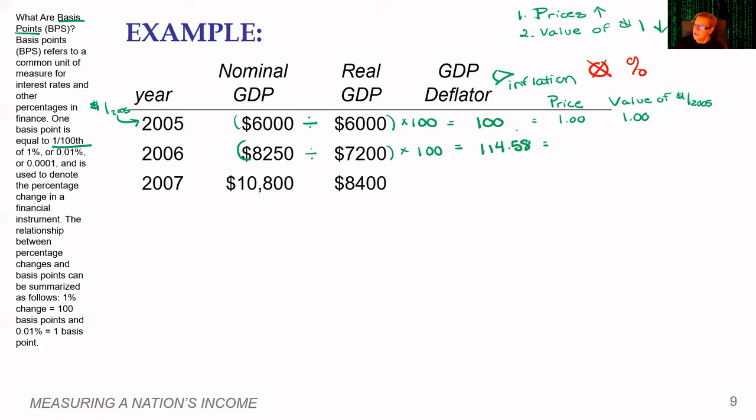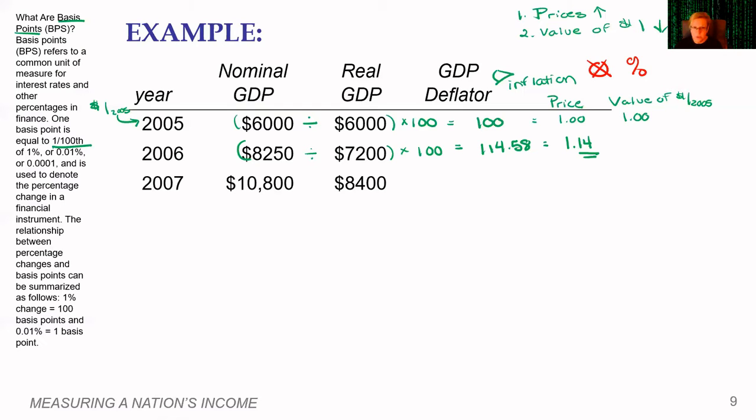Okay, so in 2006, if you walked into a dollar store using a 2005 dollar, you would actually need $1.14. Prices have increased by 14 cents. Okay, so you would have to use additional 2005 dollars to go to the dollar store in 2006. It would cost you more than $1 because prices have risen by 14 cents.